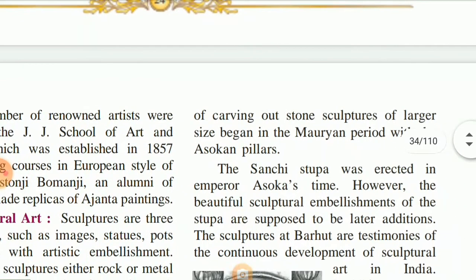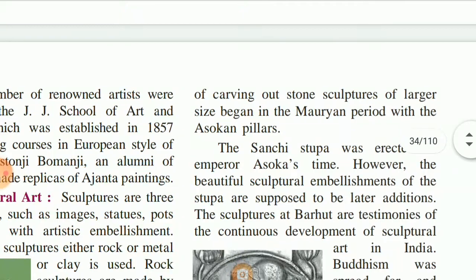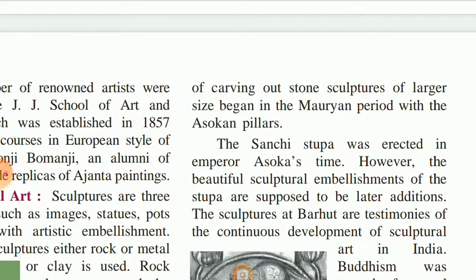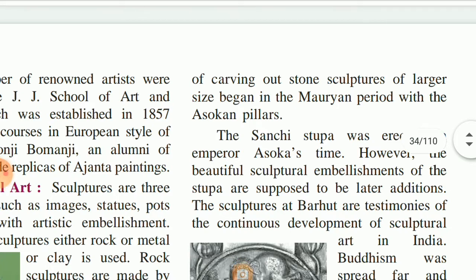The Sanchi Stupa was erected in Emperor Ashoka's time. However, the beautiful sculptural embellishments of the stupa are supposed to be later additions.